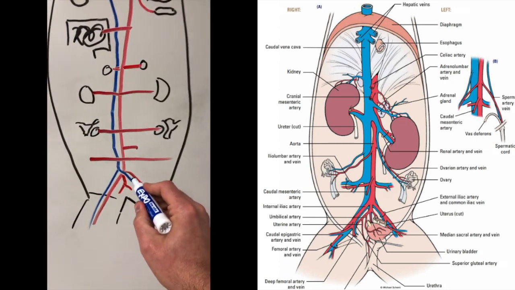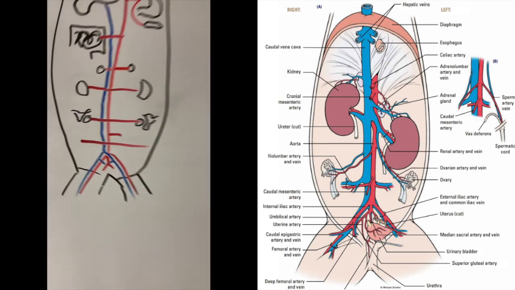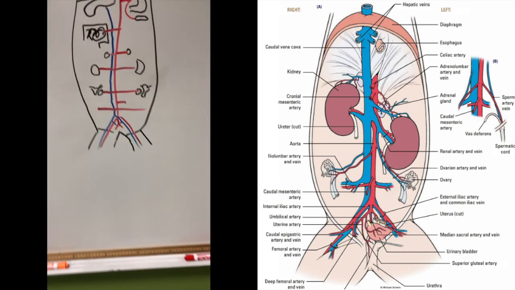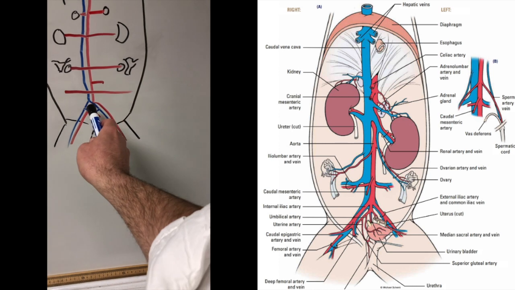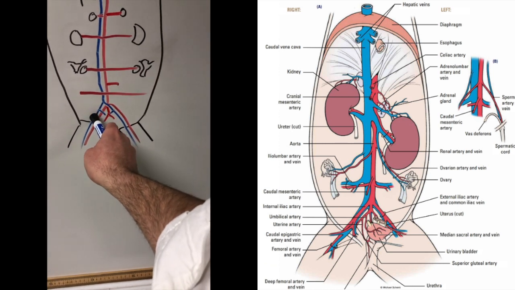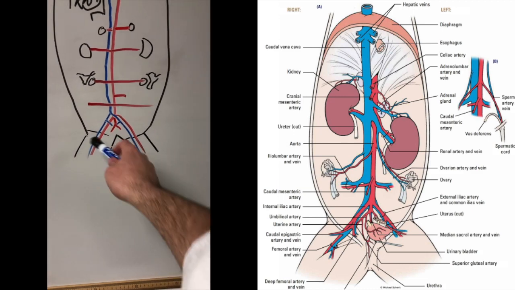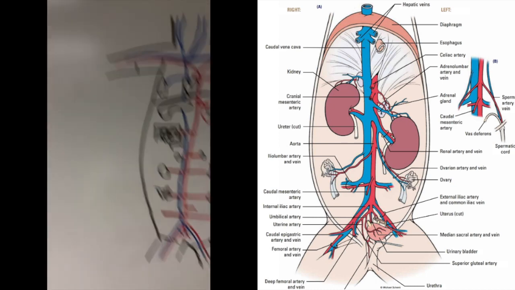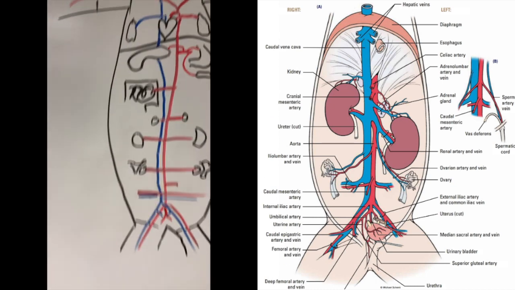So essentially, it drains that same area that the internal iliac artery supplies. So basically, that's the common iliac vein. Prior to that, it's the internal iliac vein, external iliac vein, common, like we said, and then down here is just the femoral vein. As we follow it back up, we've got the left and right iliolumbar veins that drain that same region.